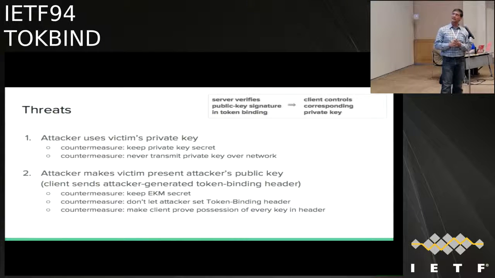So the end result is that whenever a server sees a token binding header, it can confirm that the client actually owns the private keys of every token binding ID that is in that header.